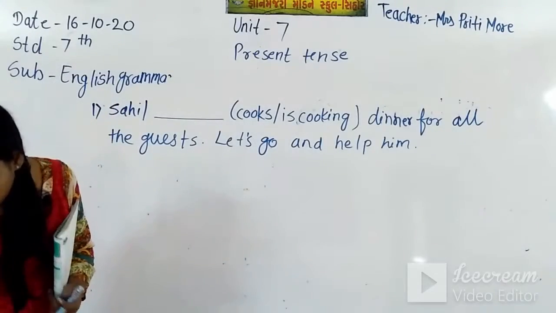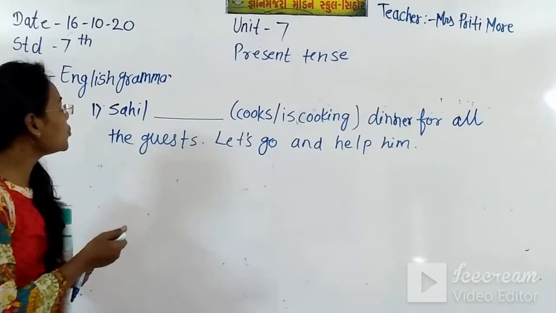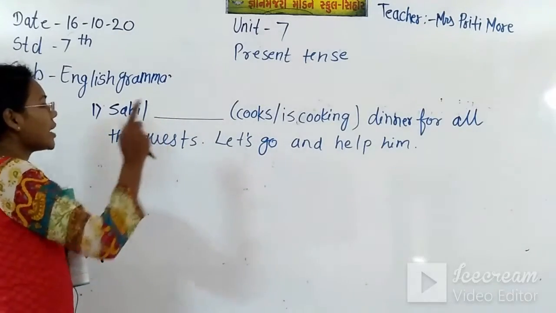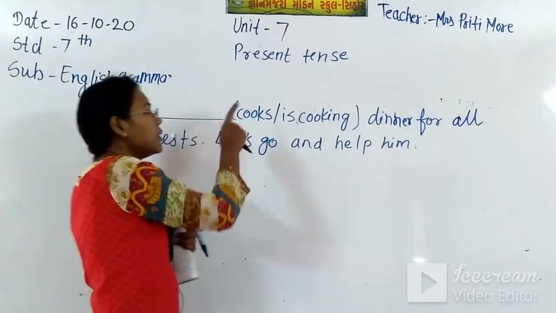Now you can see two verbs are there. The first one is cooks and the second, with the auxiliary verb, is cooking.